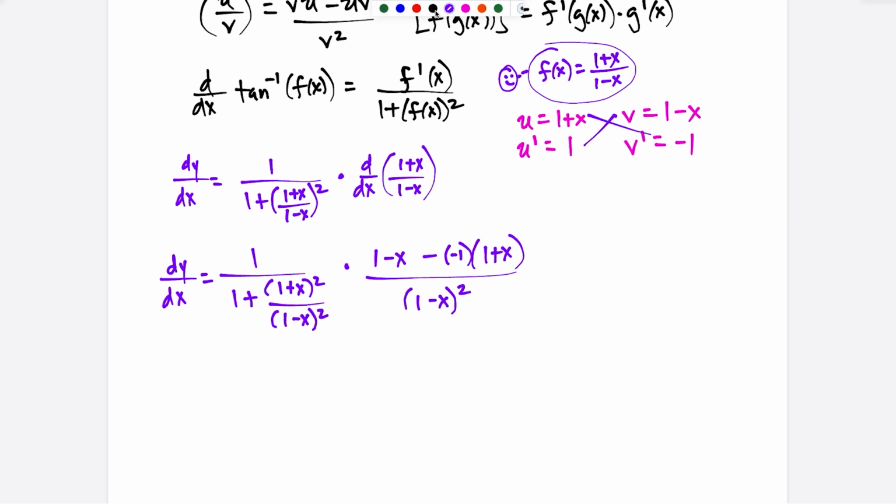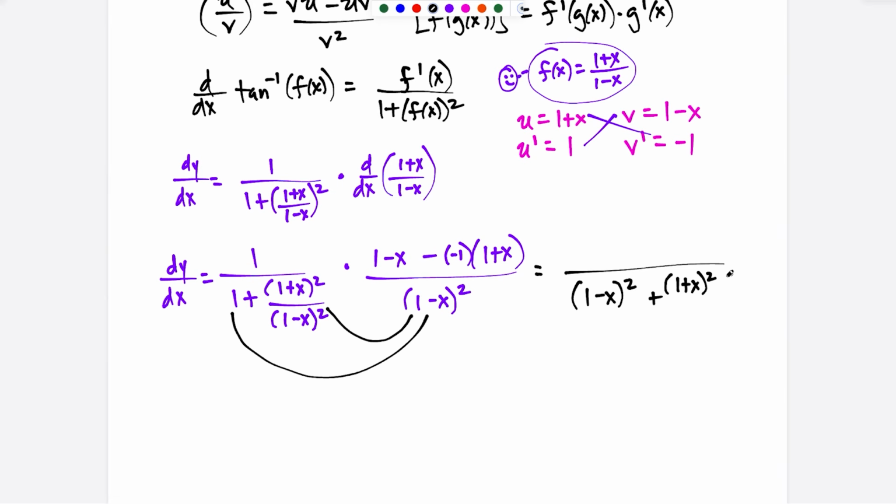So now we could work through some of the algebra. We're going to distribute 1 minus x squared to this piece and to this piece. On the bottom, we have 1 minus x squared times 1 is 1 minus x squared, and then plus 1 plus x squared on top times the 1 minus x squared, but this was all over 1 minus x squared. So these terms are just going to wipe out nicely.